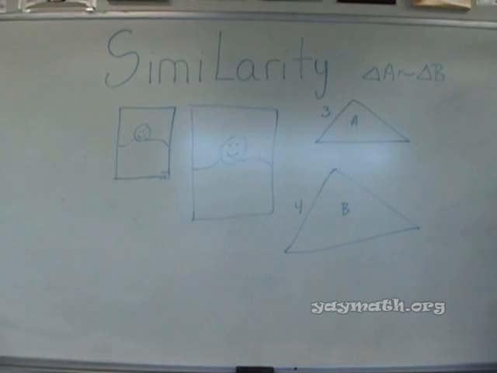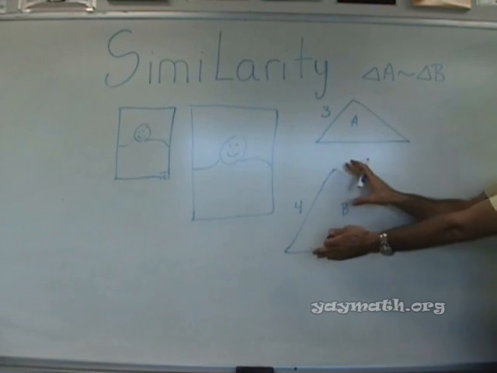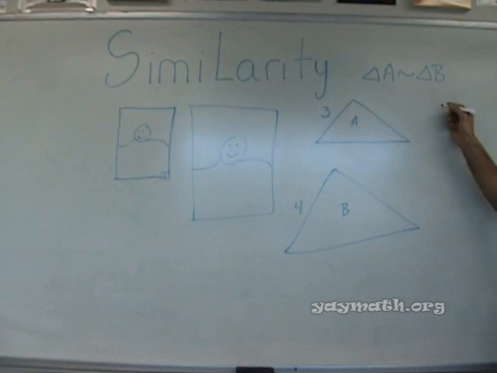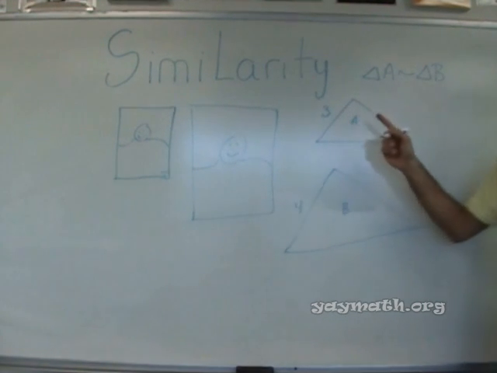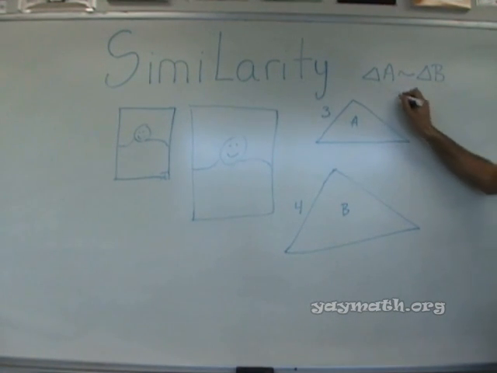All right. So what is the relationship of triangle A to triangle B? Meaning, if we were to compare one side to its corresponding side in triangle B, the ratio would be what to what? Number-wise, 3 to 4. Right. So this is 3 to 4.